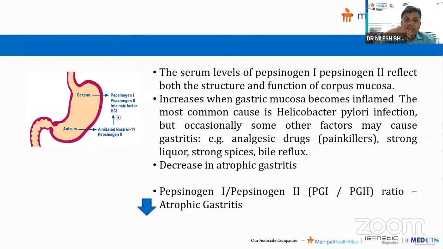These levels are increased in gastric inflammation, particularly by H. pylori, and inflammation due to other reasons like bile reflux or chronic alcoholism. But whenever there is atrophic gastritis, the level will go down. So the pepsinogen 1 to pepsinogen 2 ratio is very useful in diagnosing atrophic gastritis, because a lower ratio is seen in atrophic gastritis.